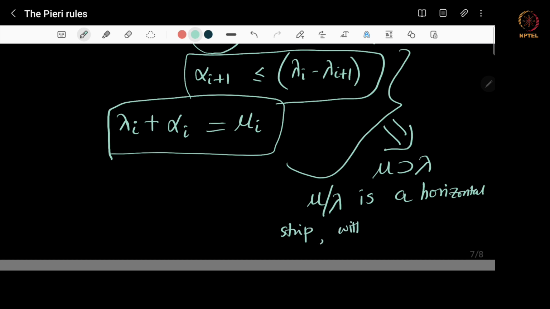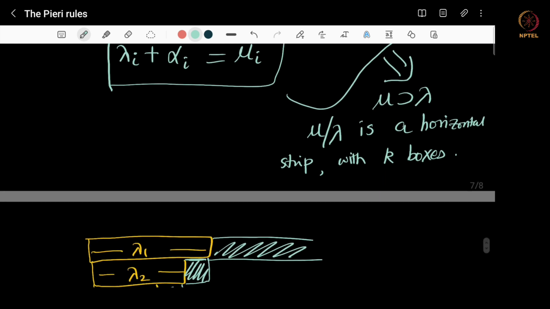That's also clear from what we have been doing. Remember we said the S mu's which appear have k boxes more than the original lambdas, because the degree of the right hand side is degree of lambda plus degree of S lambda plus a k. So finally this is the end of the proof.